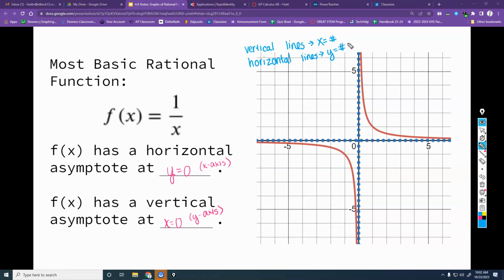So if you get a question that asks you for vertical asymptote, it needs to be x equals a number for the line. If there's any options that are y equals, then those are wrong. You could throw them out automatically. Again, you won't see that today, but on the test that we'll have Thursday, you'll see some of those. Okay. Questions?